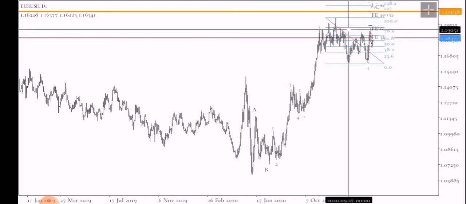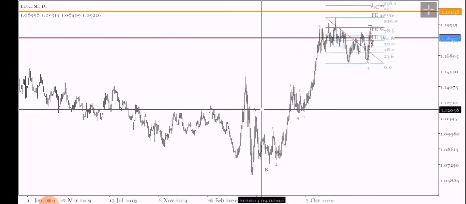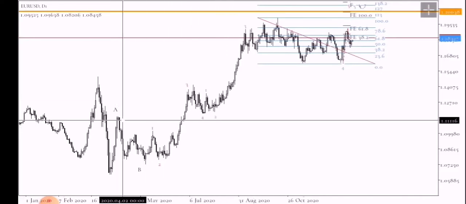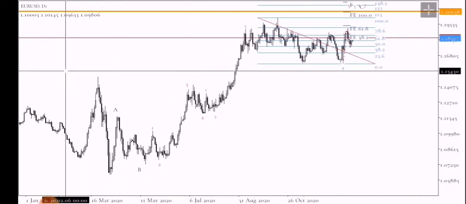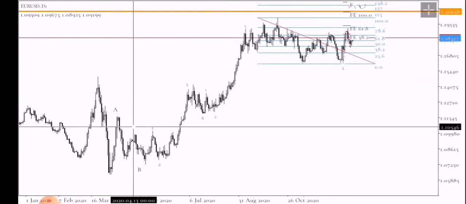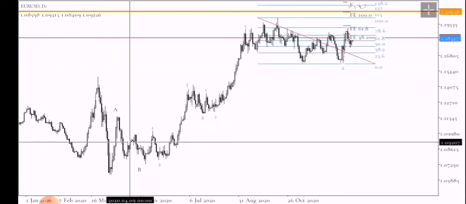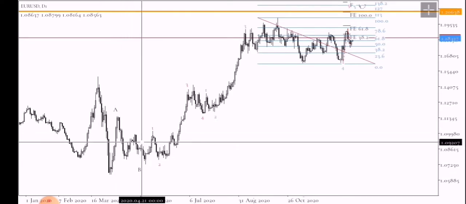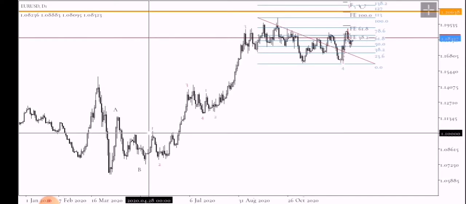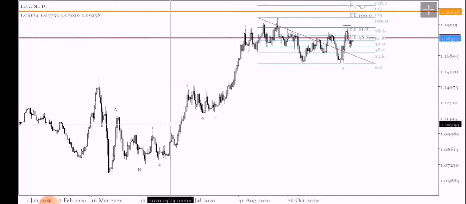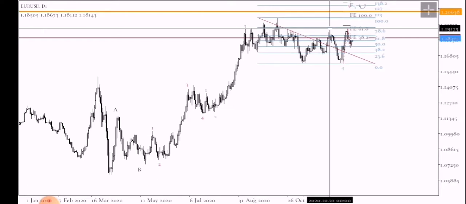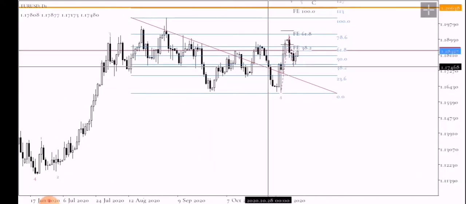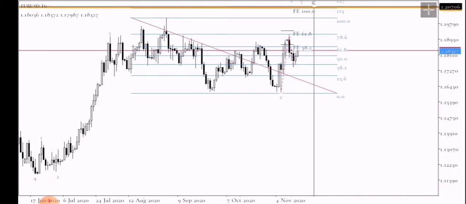If we look at it this way, we've got an A wave of that big weekly move down, a 3 move down for B, and then I've drawn internally here in red the C wave, which I believe, if I zoom in here, will end where the orange line is.